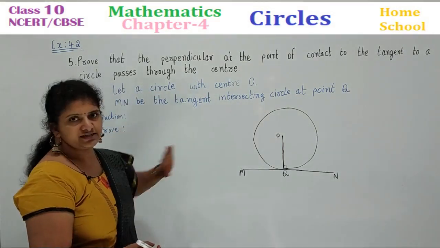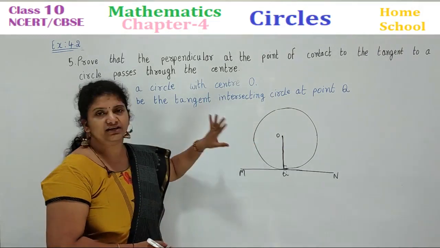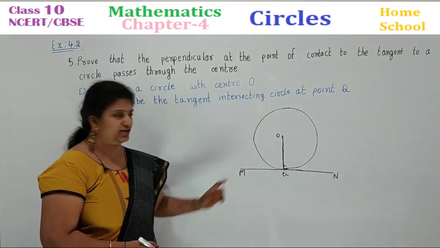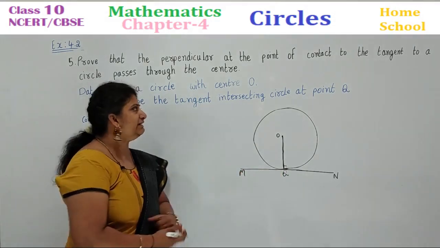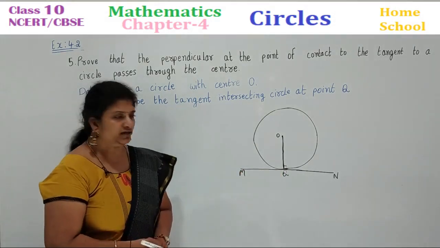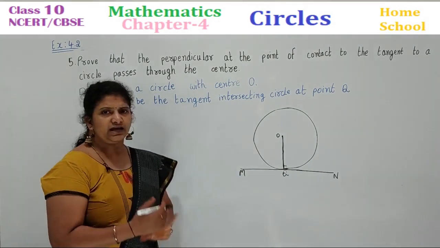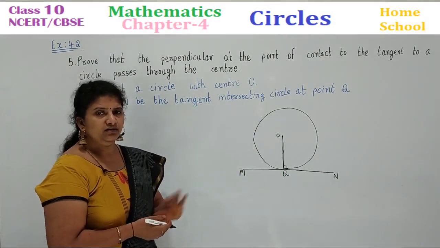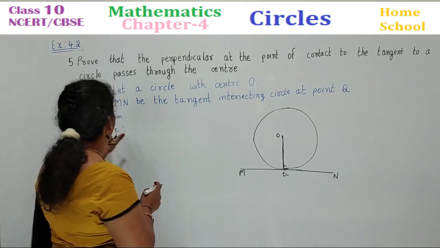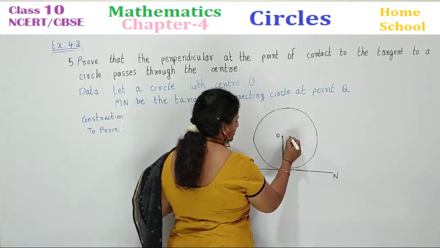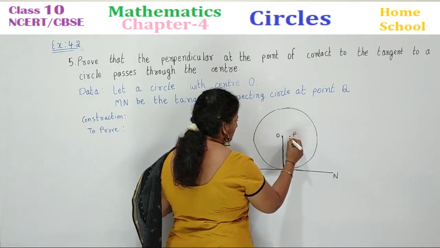Let a circle with center O. What is given? We have considered a circle with center O. MN be the tangent, MN be the tangent intersecting the circle at point Q. Okay. So by seeing this immediately I can say they are perpendicular, right? But now construction. I am going to assume somewhere one point here, children. Let us mark this P.